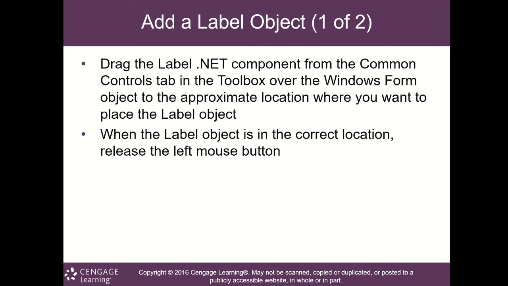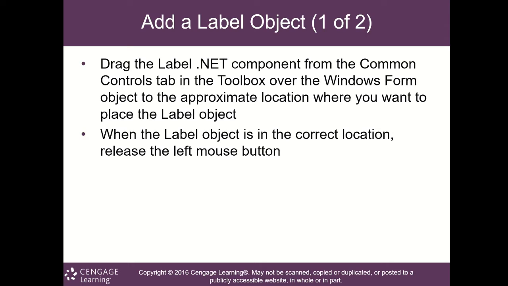The next step in this process is to add a label object. You need to drag the label .NET component from the Common Controls tab in the toolbox over the Windows form object to the approximate location where you want to place the label object.